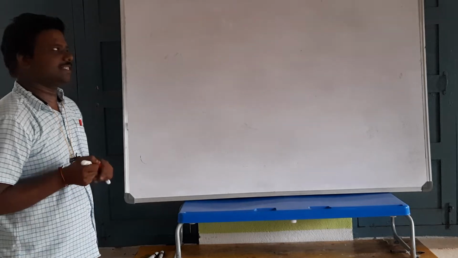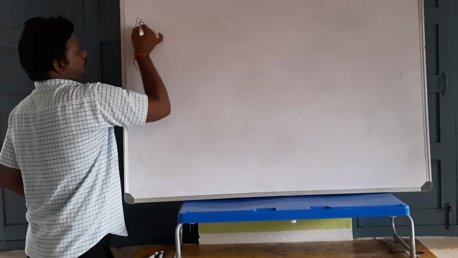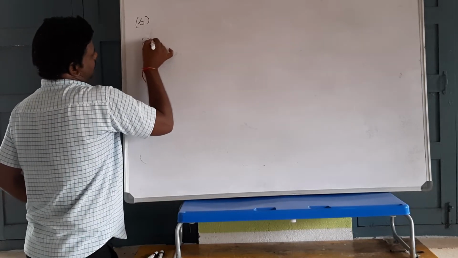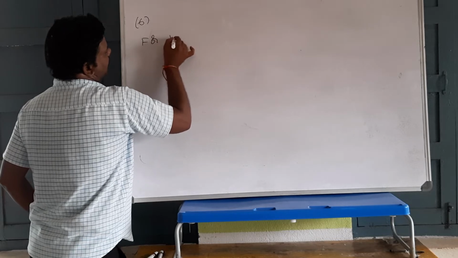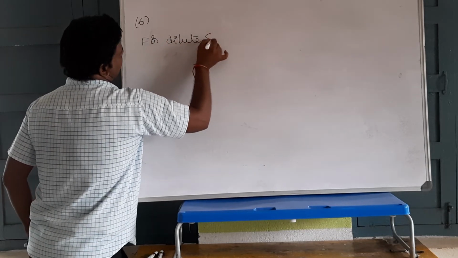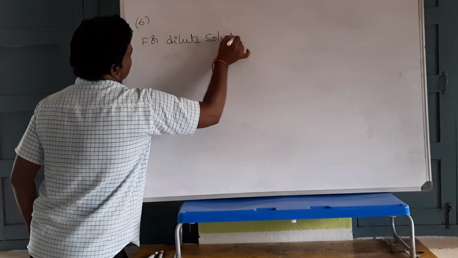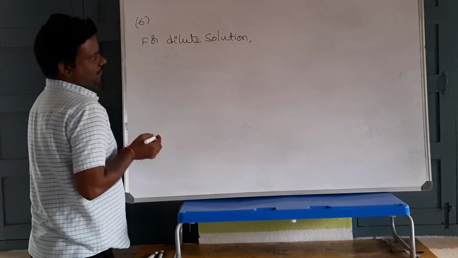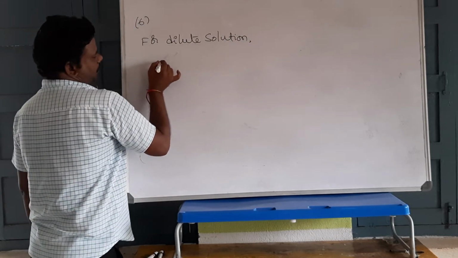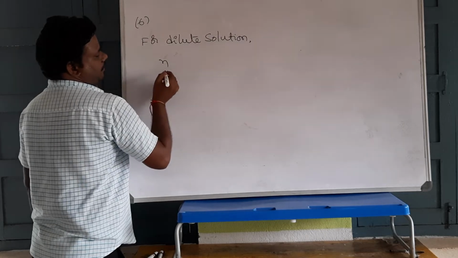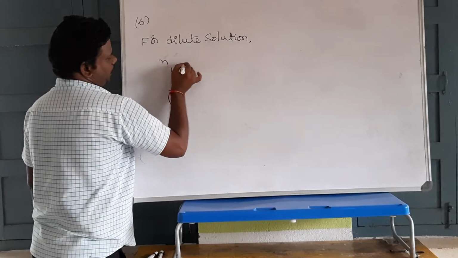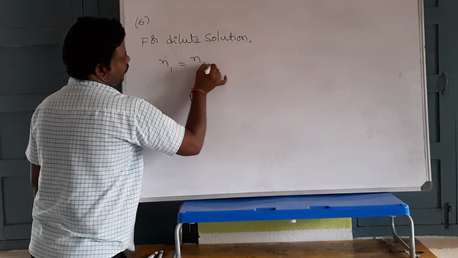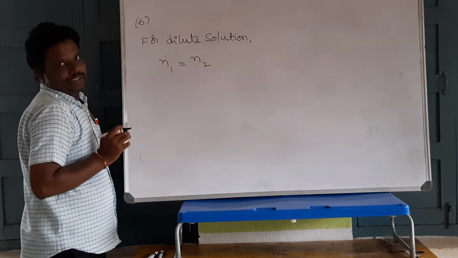Next, formula 6 is for dilute solutions. Number of moles before the dilution is equal to number of moles after the dilution. N1 is equal to N2.